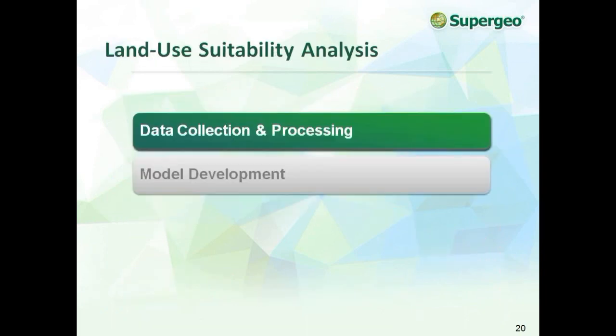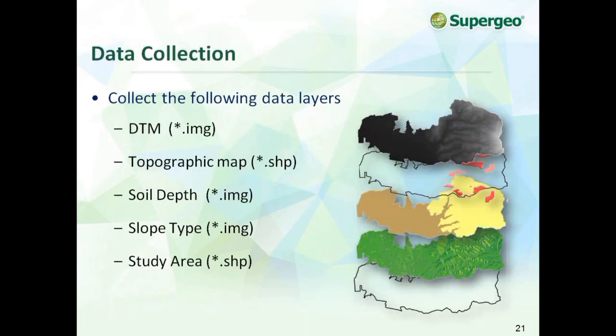Okay. So now I want to talk more about the data collection and the data processing before we use the suitability model. Just as I mentioned before, I need the data. So I collected the following shapefile and raster data. I can use the DTM to generate the slope layer in SuperGIS Desktop and create the topography.